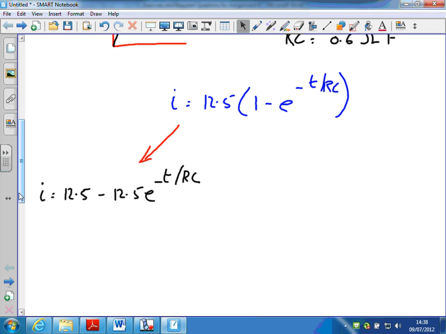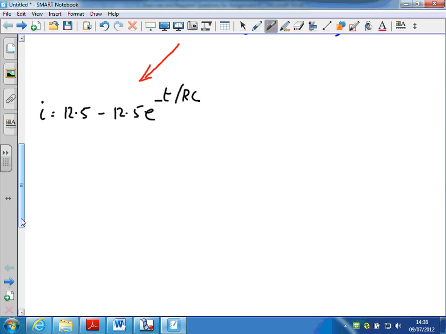Now, this term involving what we want, the time, this whole term is negative. So add that to both sides of the equation to get it to be positive. So little I plus 12.5 e to the minus t over RC equals 12.5.